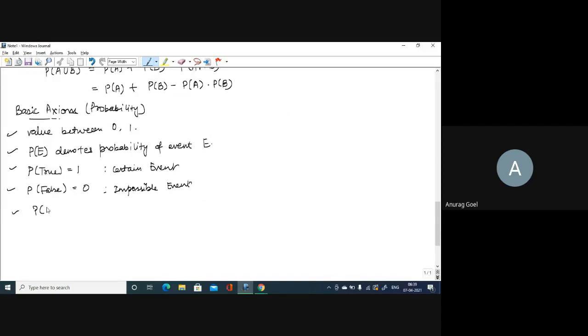Next, P of an event A would be 1 minus P of negation A, right? So all this you must have studied before. And P of A union B equals PA plus PB minus P of A intersection B.